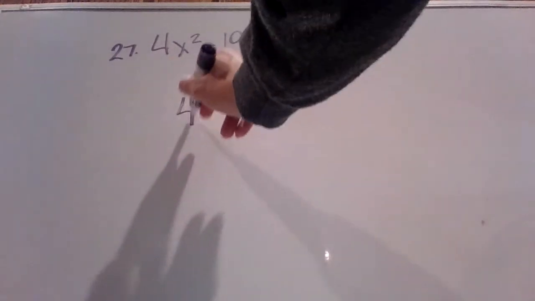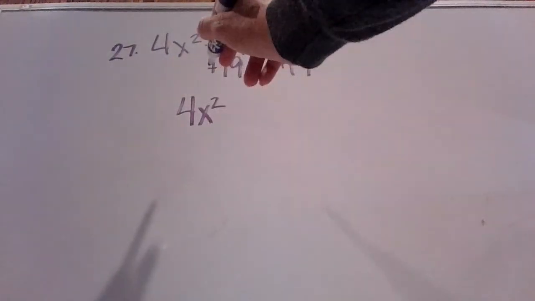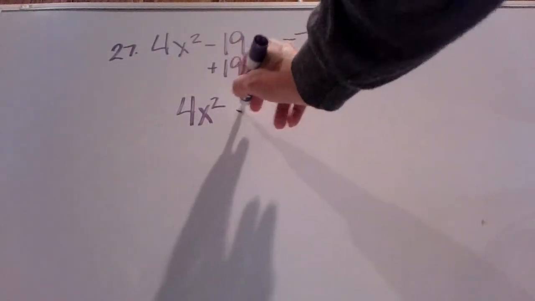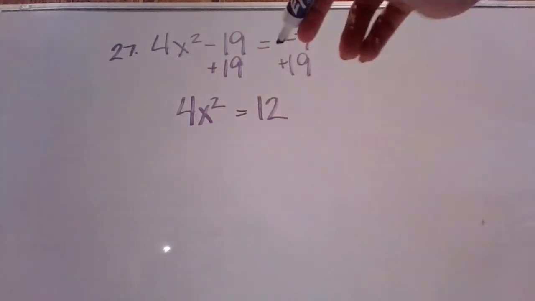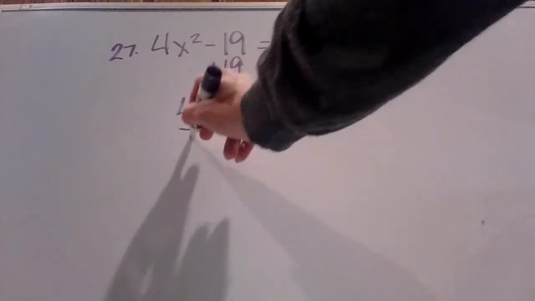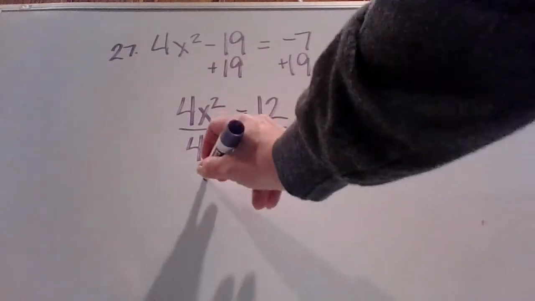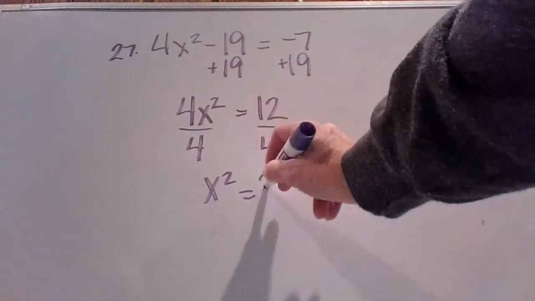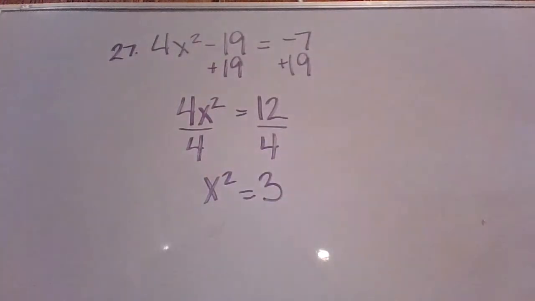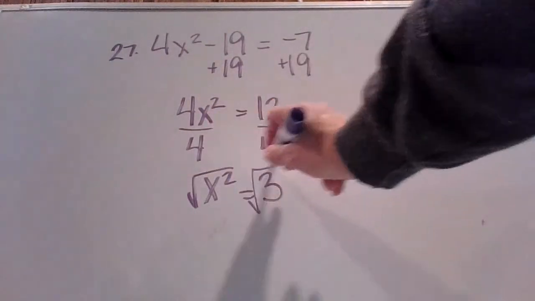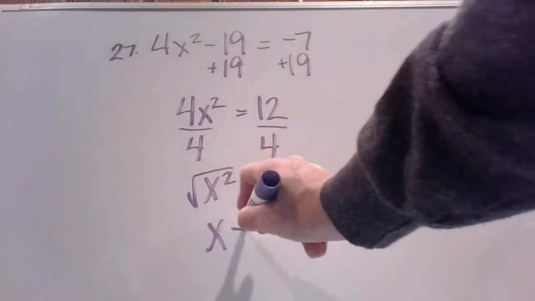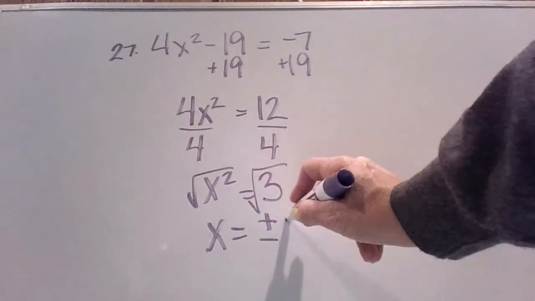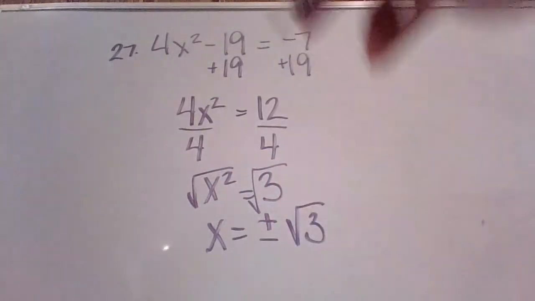I get 4x squared equals 12. Divide both sides by 4. x squared equals 3. Then I need to find the square root and do that on both sides. So x is equal to plus or minus the square root of 3.